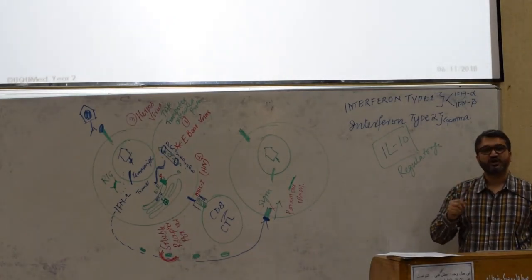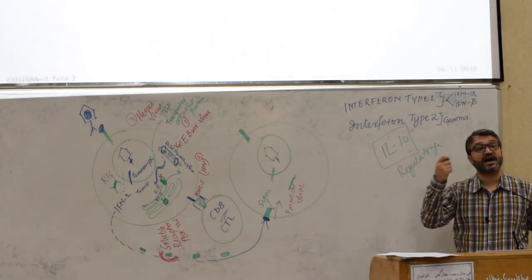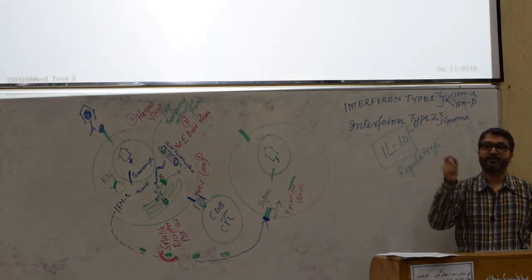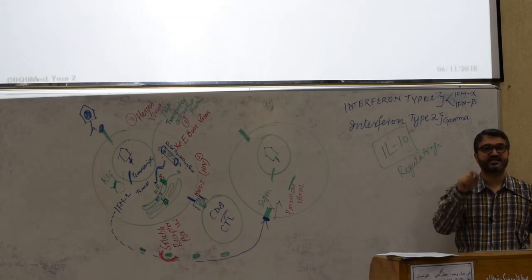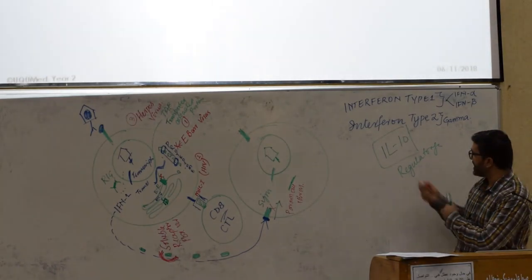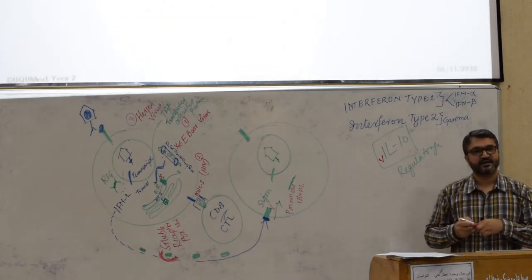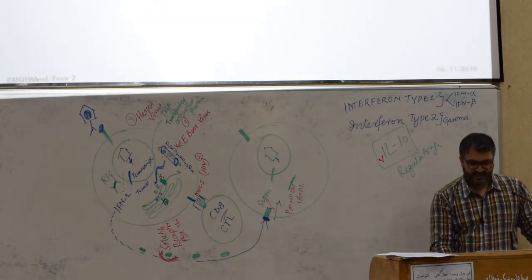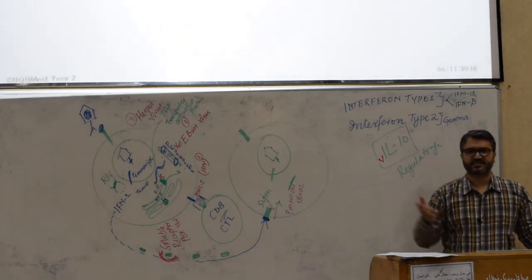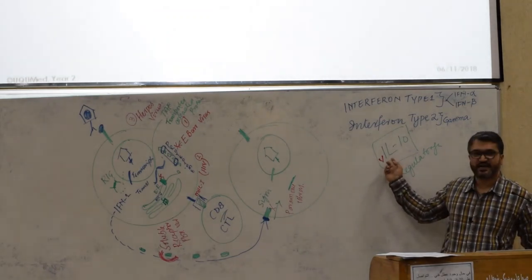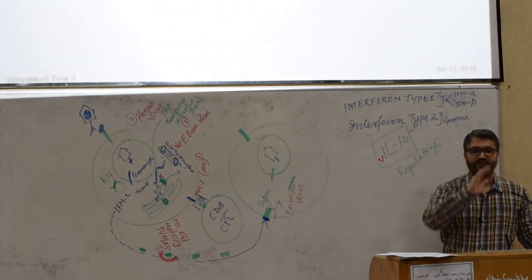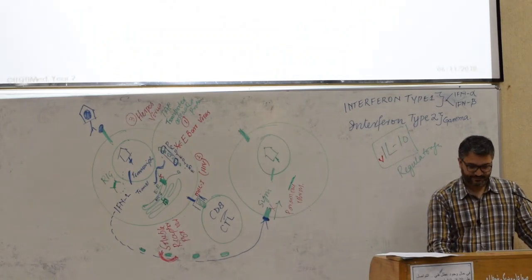So viruses produce their own IL-10 to stop macrophages, dendritic cells, T cells, and B cells, called VIL-10, viral IL-10. Most of the viruses can produce viral IL-10, and that will inhibit the function of other immune cells.